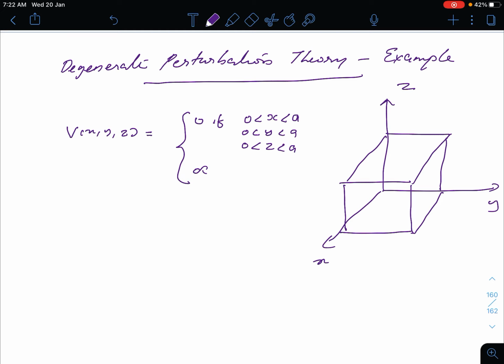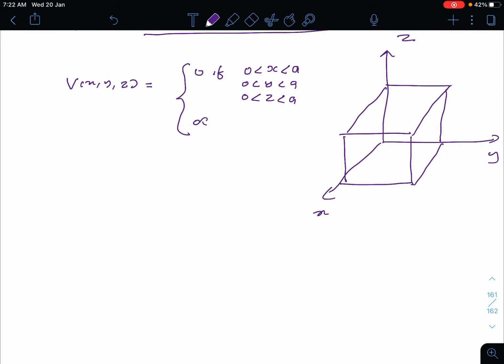Clear? So this is the potential well which we have studied in undergraduate classes.